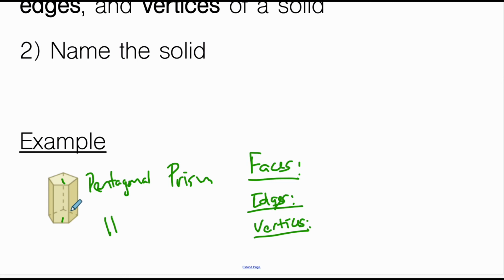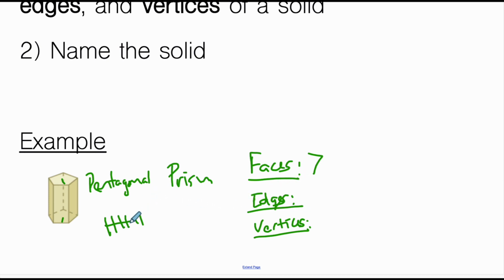And then the non-base faces, well, the base has 5 sides, which means there has to be 5 faces coming off of that base. 1 on the front here that we can clearly see, and then there's these 2 on either side of the front one. And then you kind of have to look through the shape. There's 1 face coming off of this edge and 1 face coming off of this edge. So in total, there are 2 bases, those count as faces, plus there are 5 more non-base faces. So in total, this shape has 7 faces.